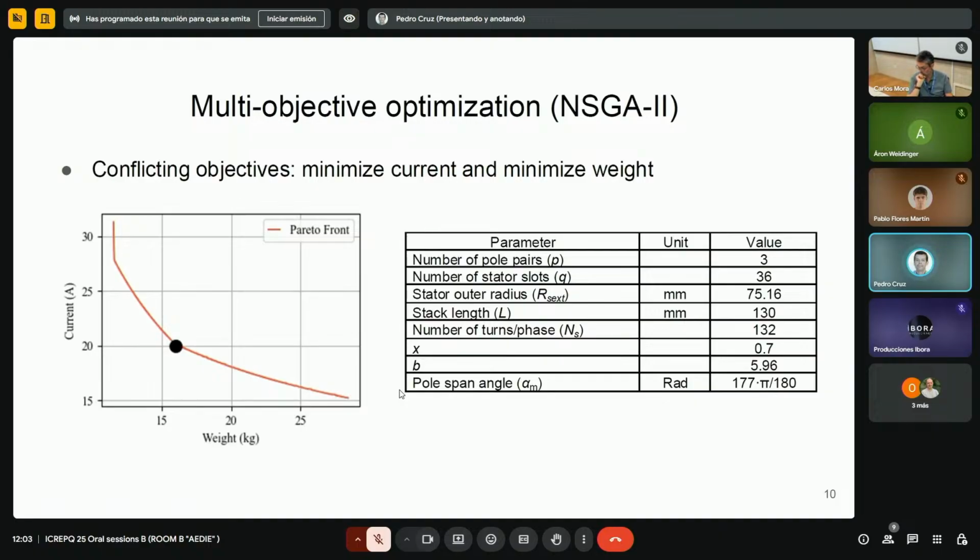In this figure, we have one point where the solutions of current and weight are quite satisfactory. The values of the parameters at this point are in this table, and most of them are in the upper bound of the range, with the exception of the stator outer radius that is in the lower bound.